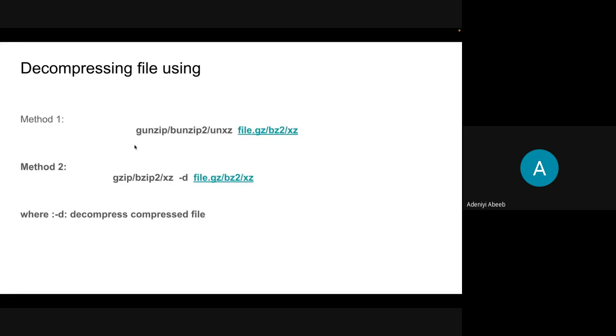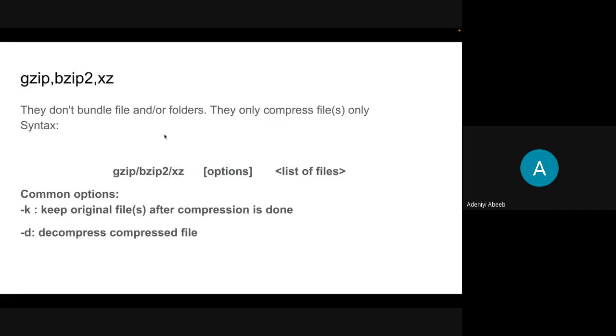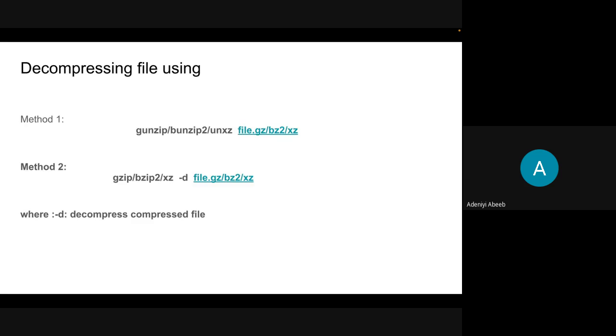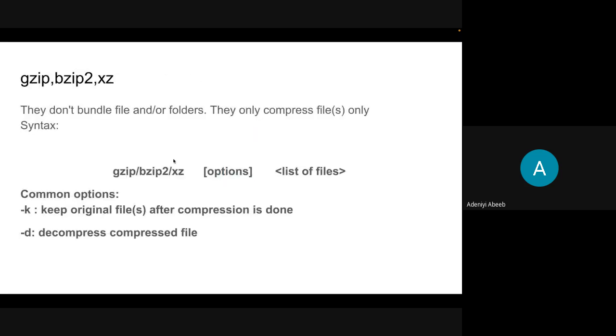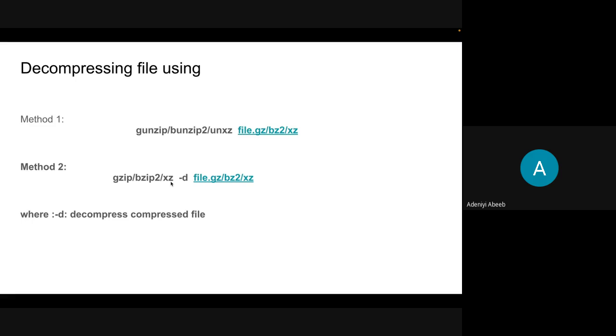If you want to decompress a bzip2 compressed file, you use bunzip2. And if you want to decompress an xz compressed file, you use unxz and then the name of your file that ends with one of these extensions, probably .gz or .bz2.